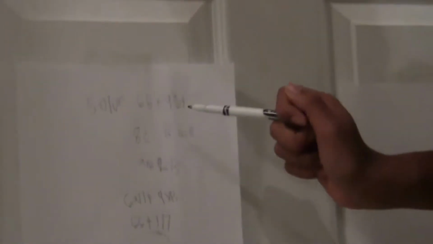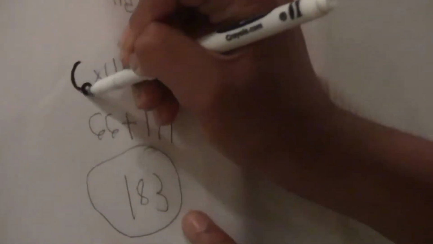Alright, let's do another one. It says solve 6b plus 9c plus 8c if b equals 11 and c equals 13. So we have to do the substitution, which is 6 times 11 plus 9 times 13.